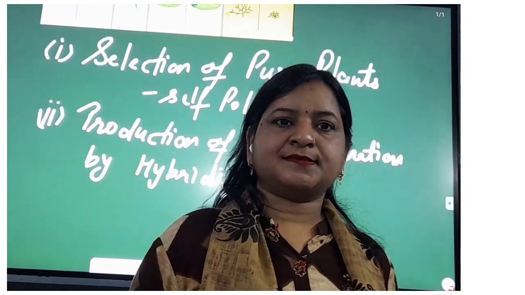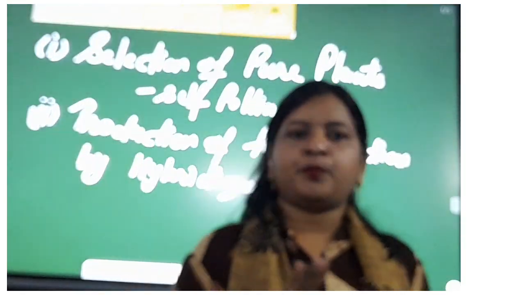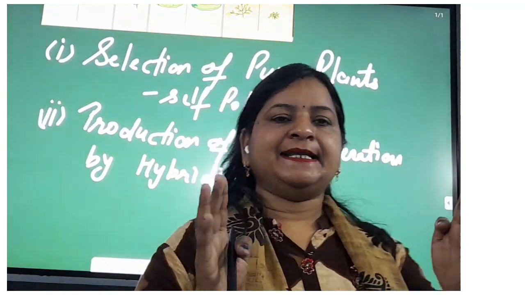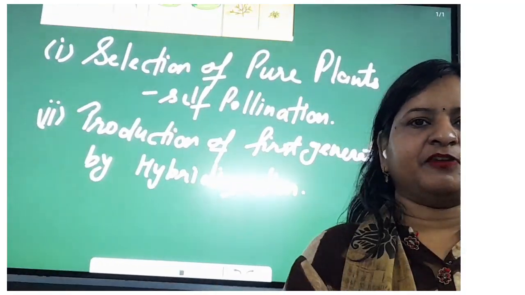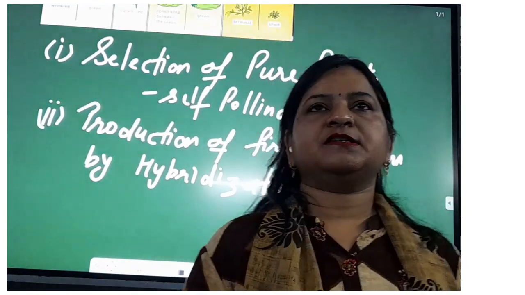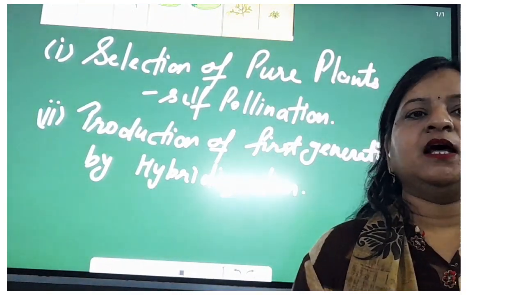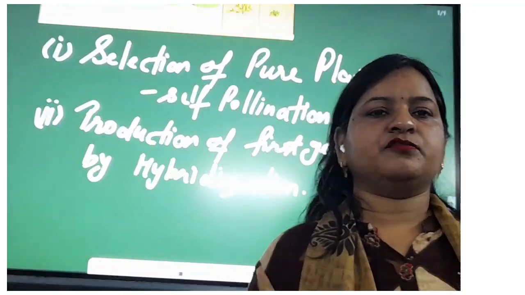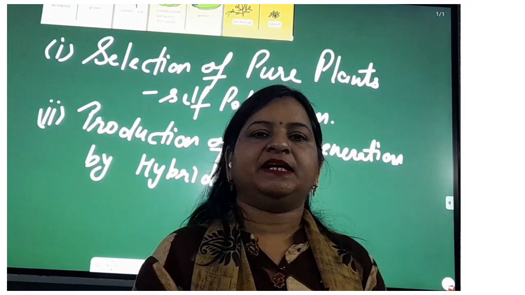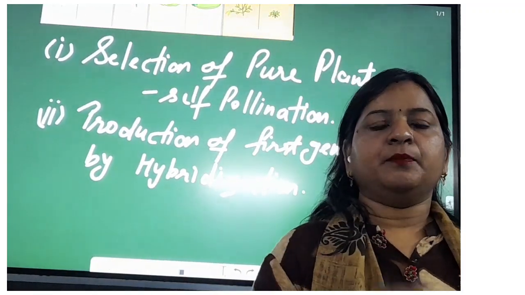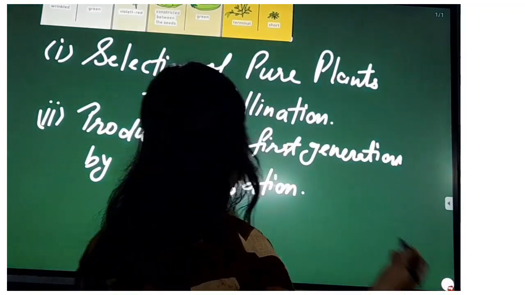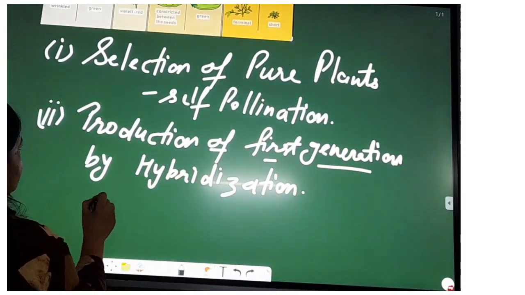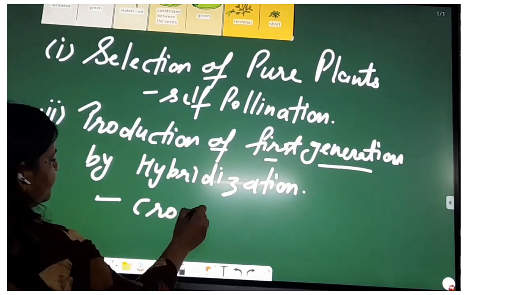From these pure plants, when he cross-pollinated them, he obtained by taking 2 pure plants of one particular trait, like we were saying the plant size character was taken, one plant is tall, one is dwarf, and they get cross-fertilized. Cross pollination was done between 2 pure parents, and he got the F1 generation or the first generation by hybridization.